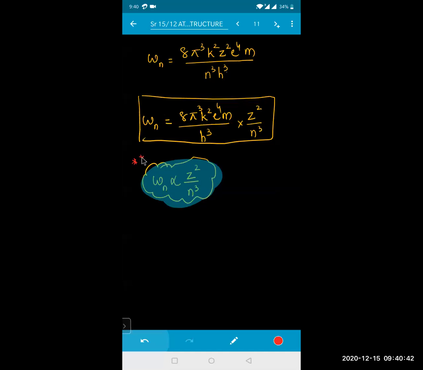Important formula. Okay. So now see, once you know the angular velocity, you can calculate the frequency also.